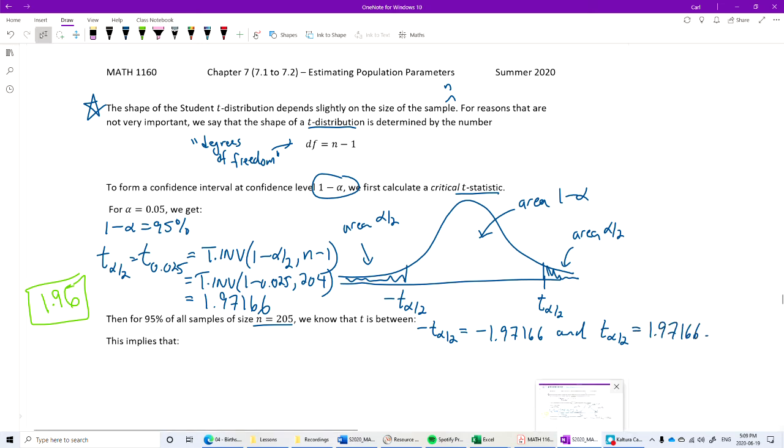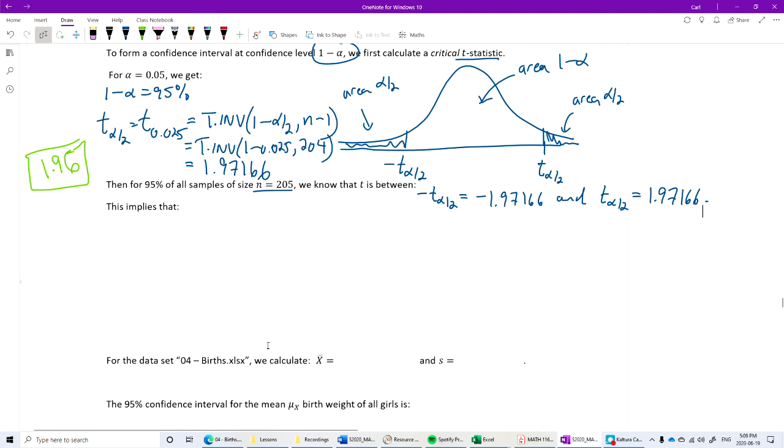Now, so what? This implies that, what was the t statistic even? Where did it come from? It came from standardizing the sample mean, which was this. This was the t statistic.